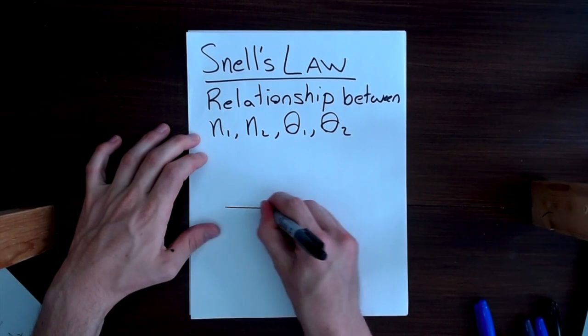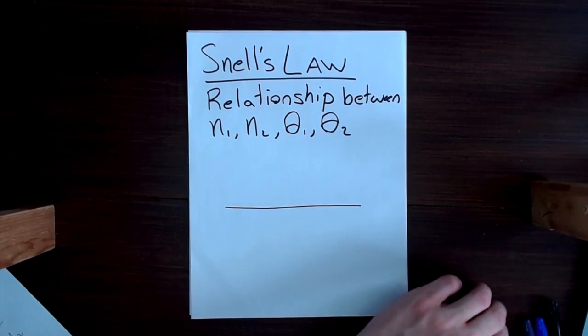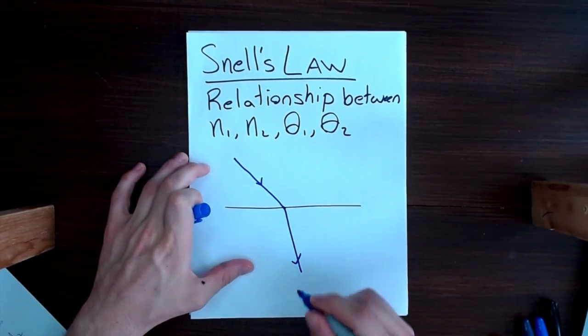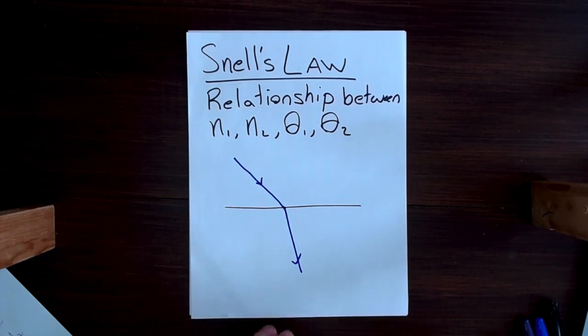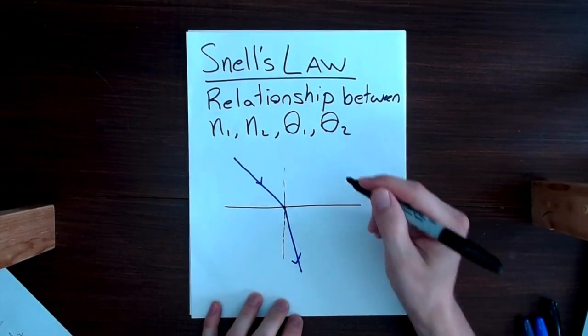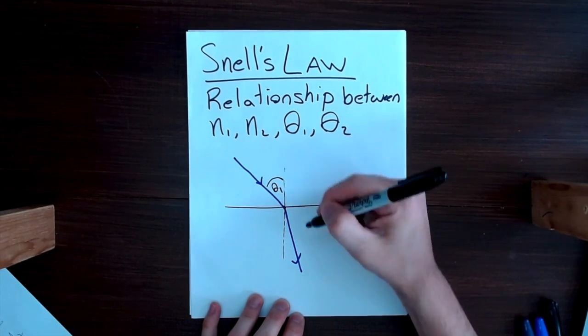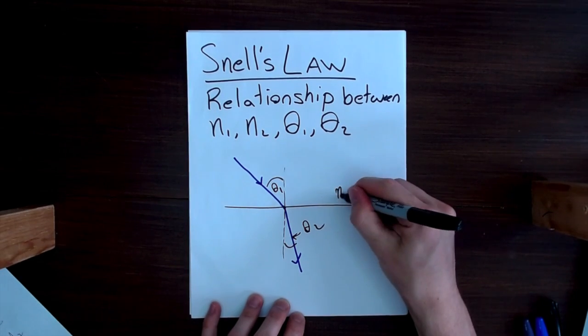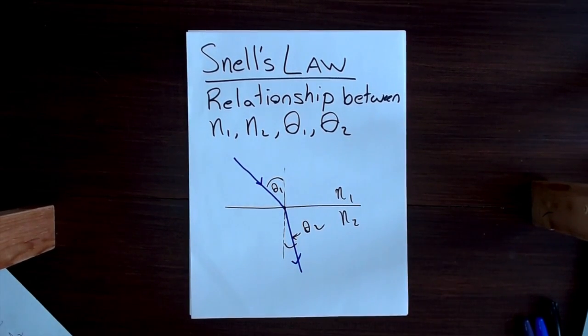And what it is, if I have a boundary here, if I have some incident light that comes in like this and refracts off like that, and this is my normal line, and I measure theta 1, and I measure theta 2, and I know N1, and I know N2. I know the materials, I know the indices of refraction. That index of refraction, I should mention, is just a property of the material itself. So like glass will have a different index of refraction than water, than air, than plastic, or anything else.